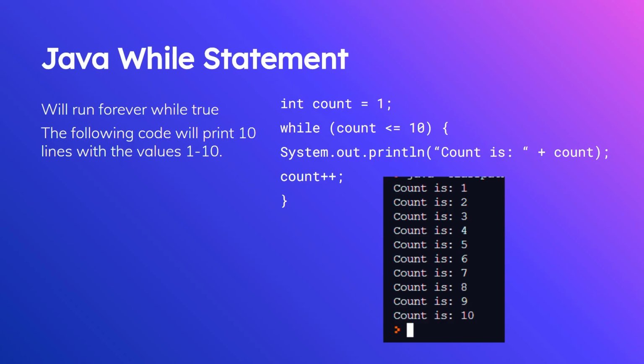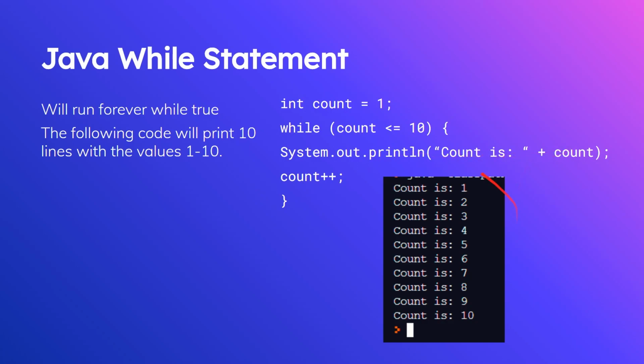So then we have while statements or while loops. Essentially, they run until the condition inside the parentheses is false. So in this case, we're starting with a variable called count equal to 1. We substitute the 1 into count. So while 1 is less than or equal to 10, which it is, this is true, we end up running everything inside of these squiggly braces.